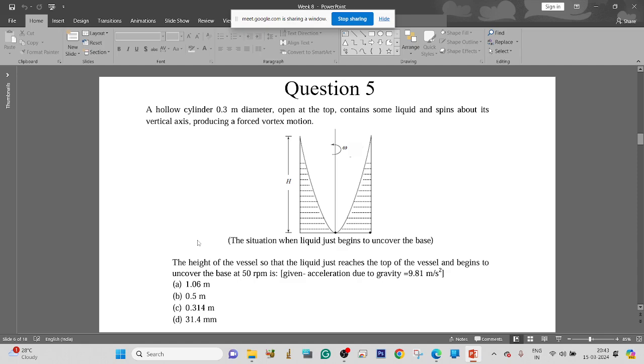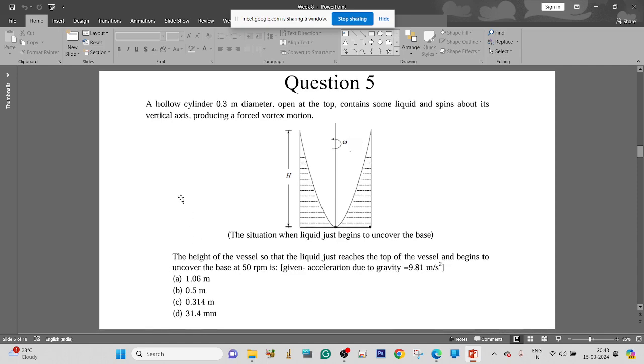Acceleration due to gravity is given. So this is a linked question. We need to just find the height of the vessel. The speed at which it is rotating is 50 rpm.